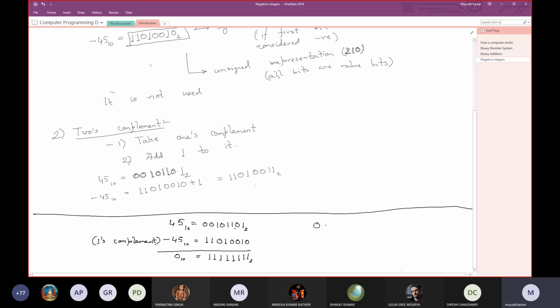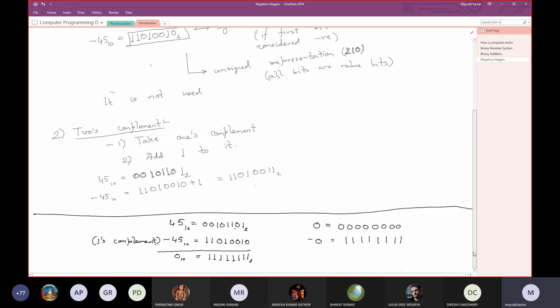If we represent the positive 0 or the real 0, that's what you obtain. Whereas minus 0 turns out to be in one's complement this one. This is what you have obtained here. But mathematically 0 and minus 0 should be the same. So that's why one's complement faces a problem.